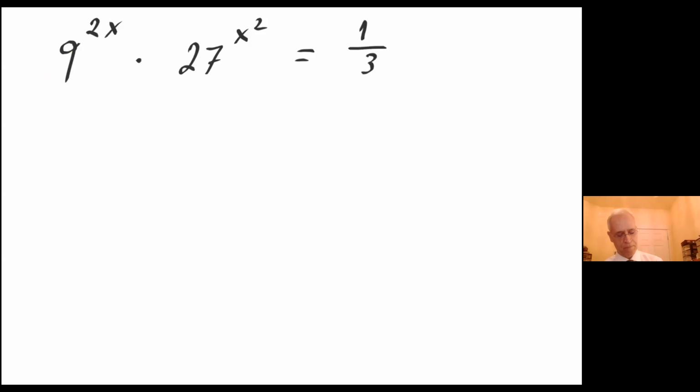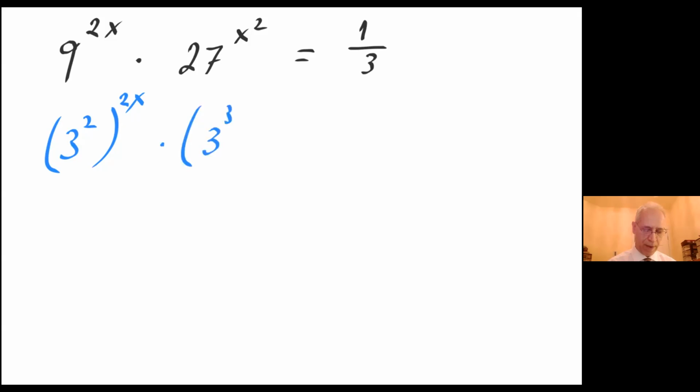Okay, so I see 3 all over this problem. Here's what I mean. I can rewrite the first term as 3 squared to the power of 2x times 3 cubed to the power of x squared. And on the right-hand side, 1/3 is the same as 3 to the power of negative 1.